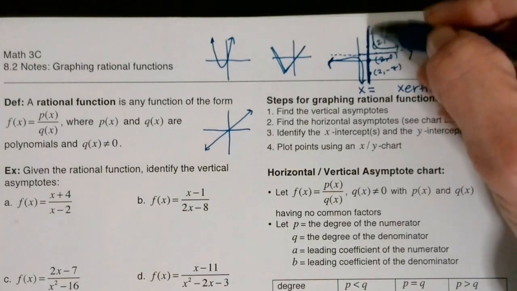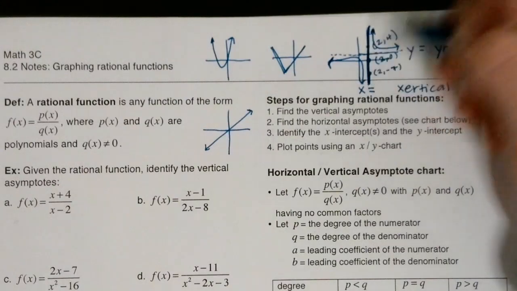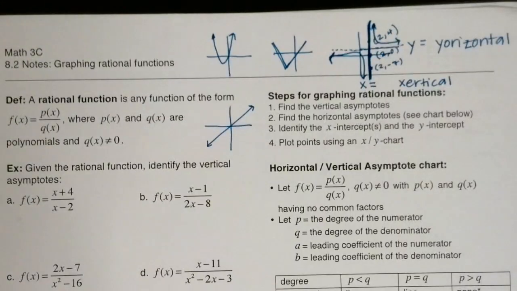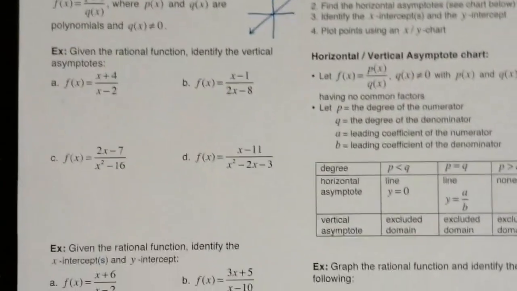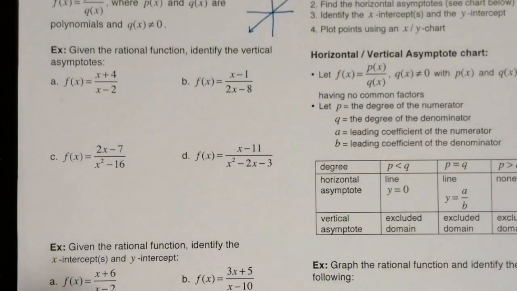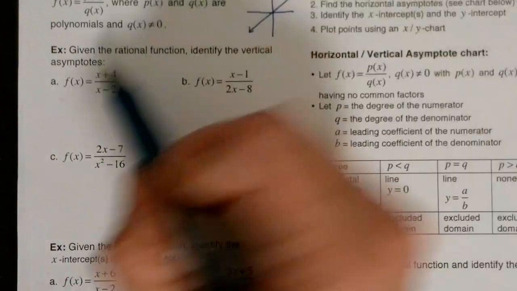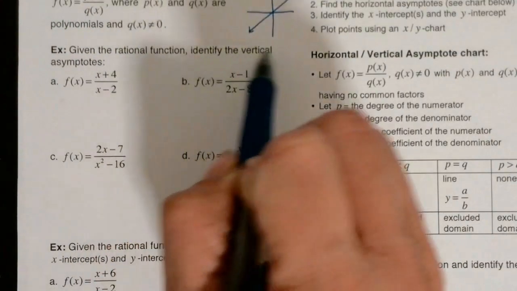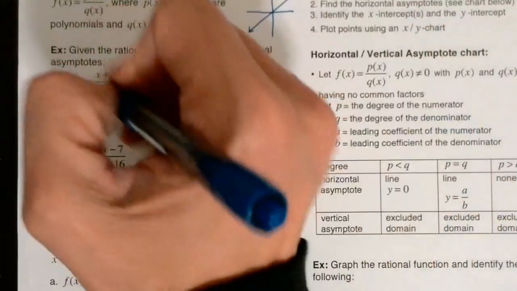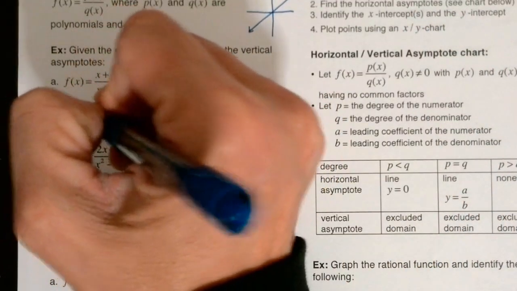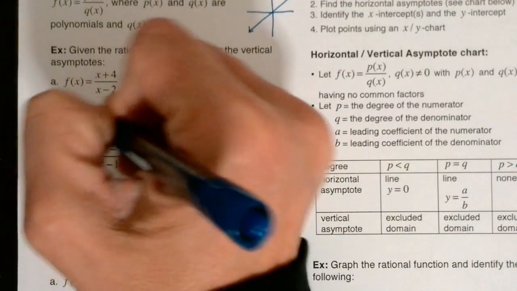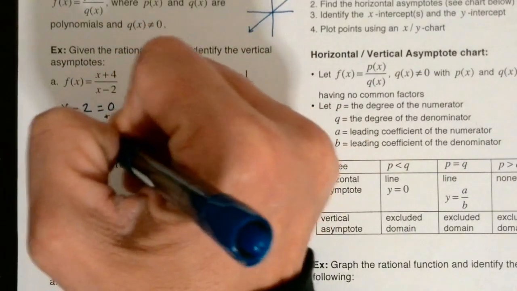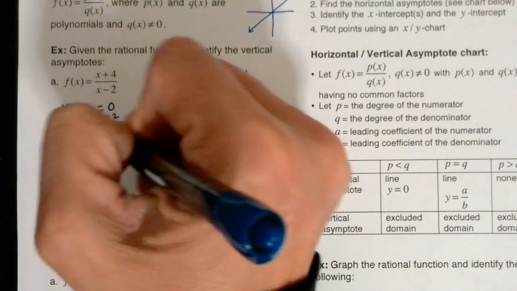So you're not allowed to touch this line right here, and you're also not allowed to divide by 0 in math. So we've been asking you guys to find the excluded values of functions, which is the same question as how to find the vertical asymptote. So when it says, given the rational function, identify the vertical asymptote, all you're going to do is take the denominator and set it equal to 0, solve that equation, and this one right here is x equals 2.